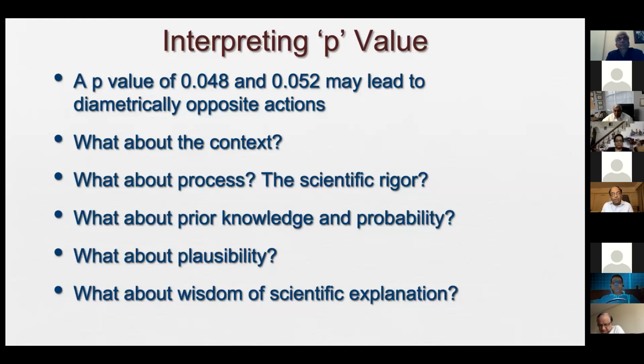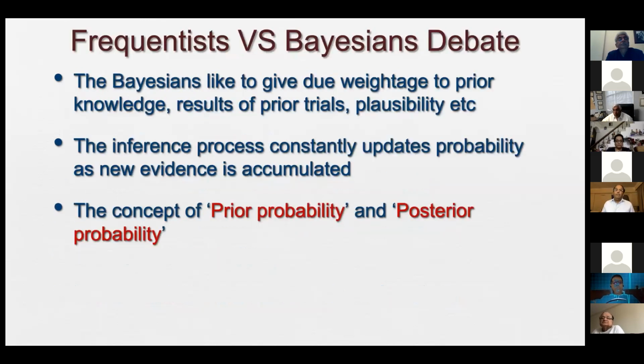And there is another concept of prior knowledge and probability, plausibility, about the wisdom of scientific explanation. These things are lost when we do a trial in a conventional way. And in this regard, there is a debate between two arms of statisticians. One is called the frequentists and one is called the Bayesian analysis.